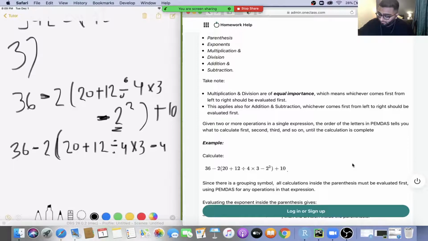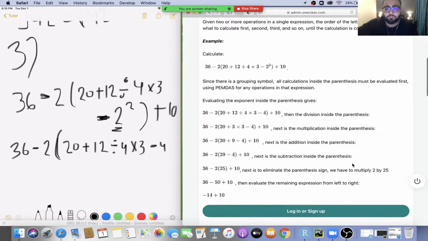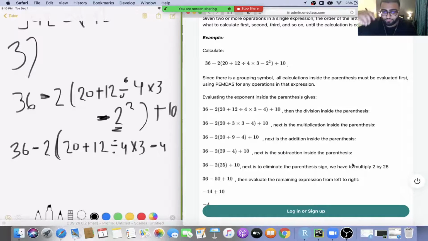Having a little trouble with my pen here. Okay, I'll just go on with the solution given down below. So minus 4 plus 10 outside of the bracket. Then our next step is the division inside the parentheses, which is 12 divided by 4. So we're going to do 36 minus 2 bracket 20 plus, and then 12 divided by 4, which is 3. So plus 3 times 3 minus 4, close the bracket, plus 10.